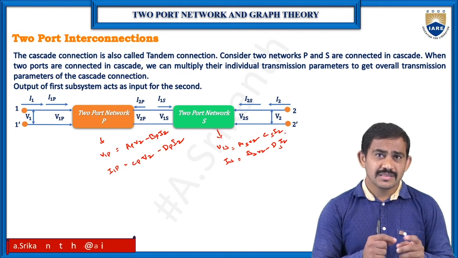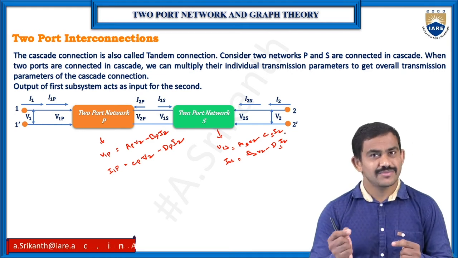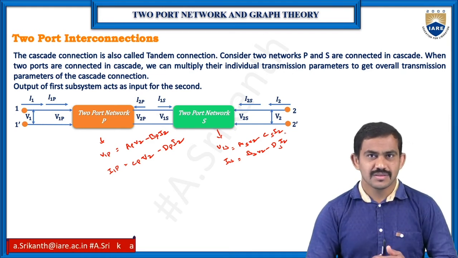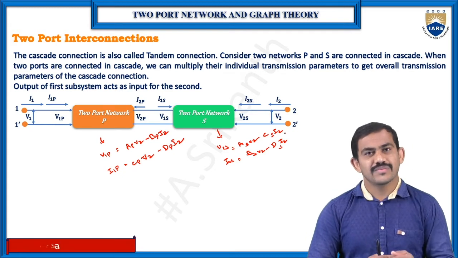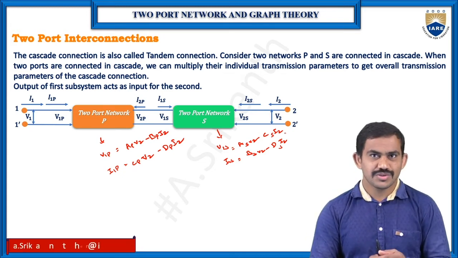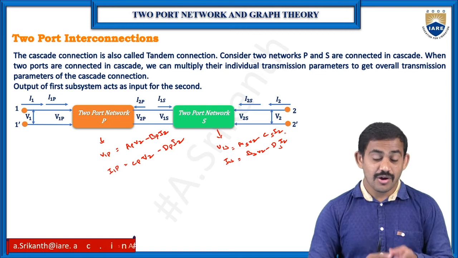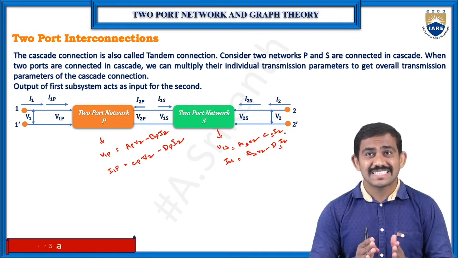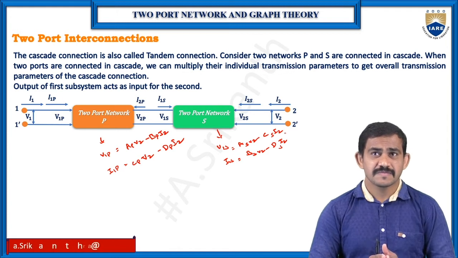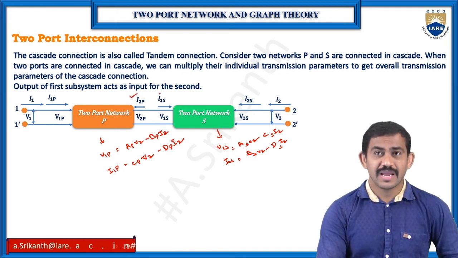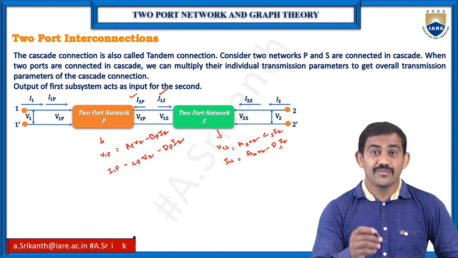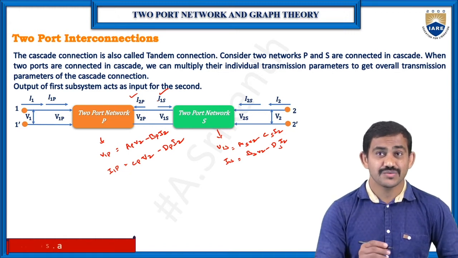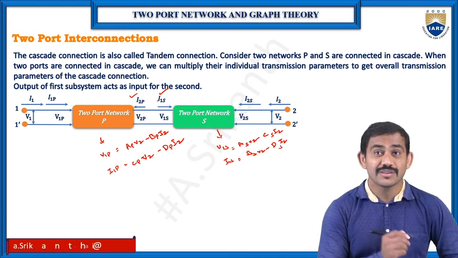Series means the current is the same, so we add those values. Parallel means the voltage is the same, so we add the voltage values. In cascade, only the secondary side is the same, while this is the primary, so for the transmission parameters we need to multiply those values.